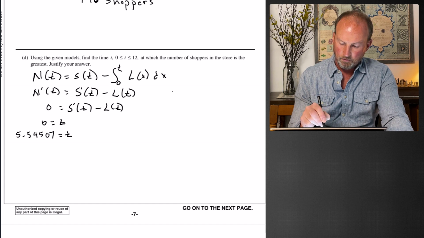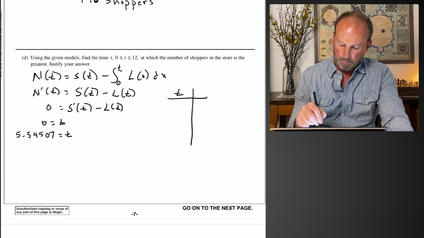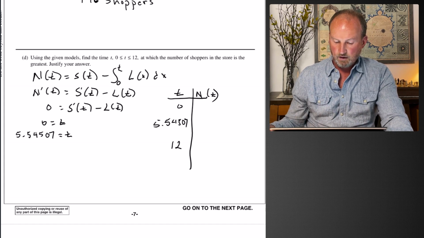So now I'm going to make a little table of values. T and n of t, and I'm checking at 0, I'm checking at 5.54507, and I'm checking at 12.